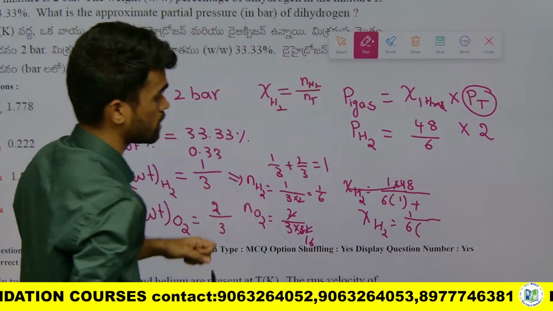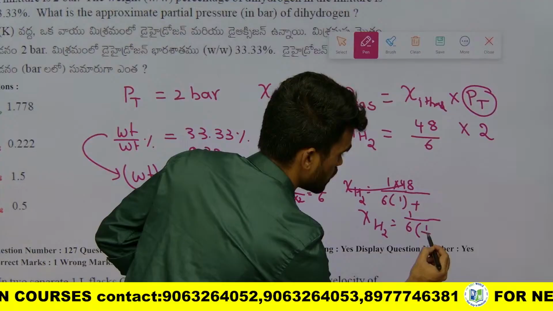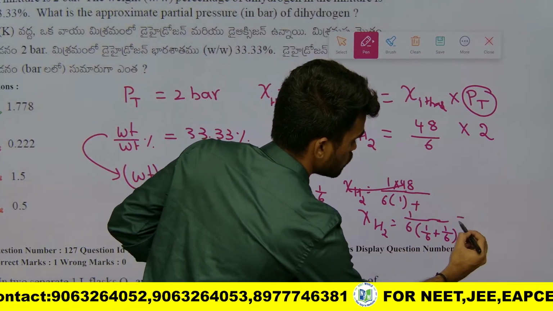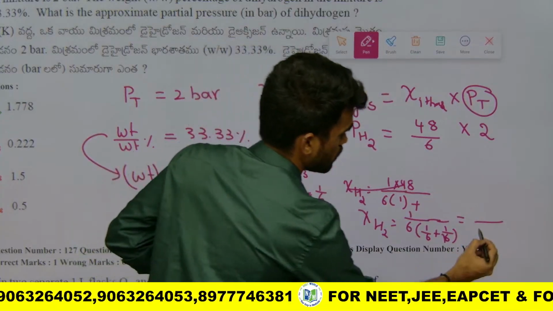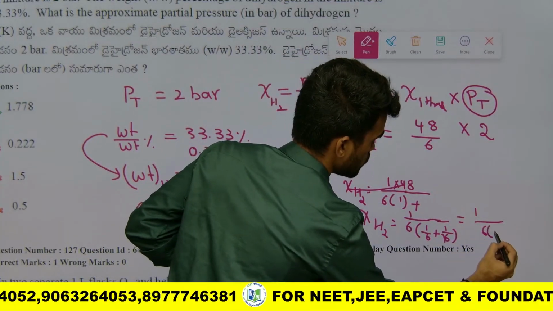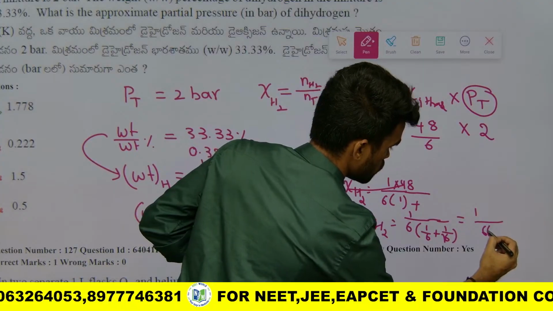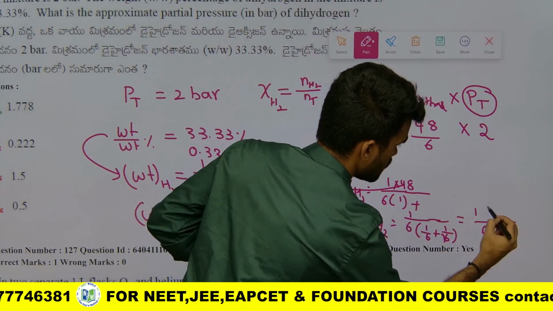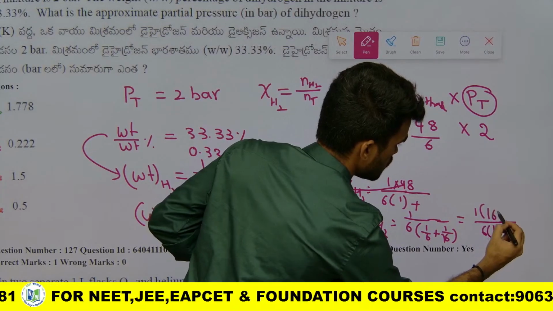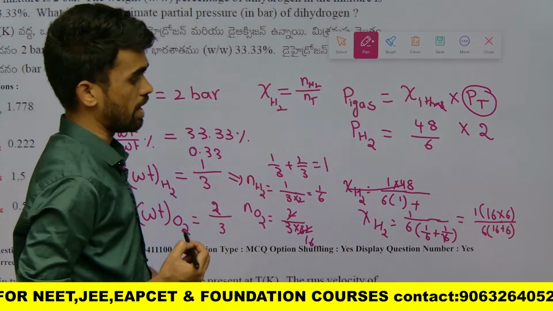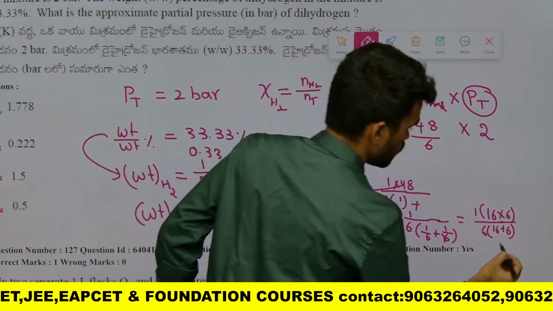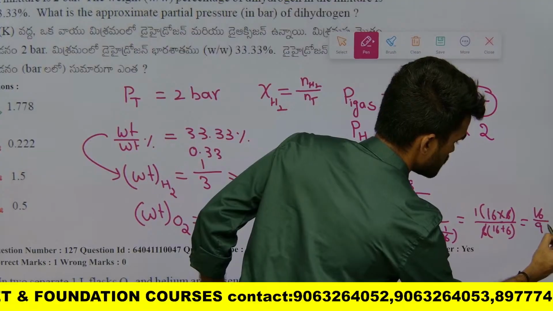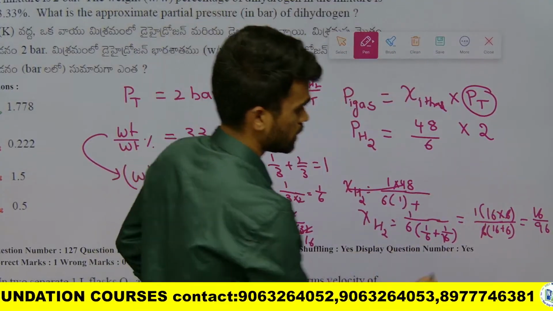N total means what? The number of moles of hydrogen, 1 by 6, plus 1 by 16, you have to take. So from this, what will you get? Here 1 by 6 I am writing as it is, and taking the common denominator, 16 plus 6 in the numerator, and 16 into 6 in the denominator. Finally, the 6 cancels, so 16 by 96, not 96, this is how much?